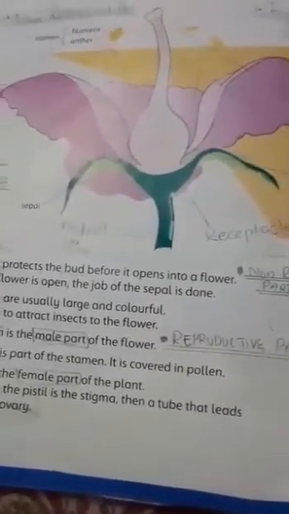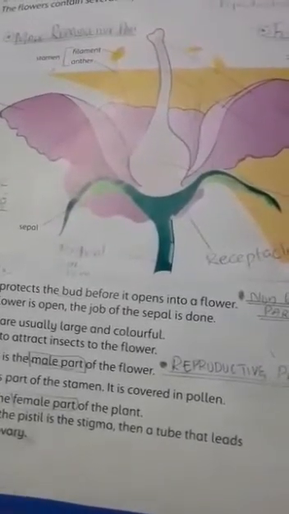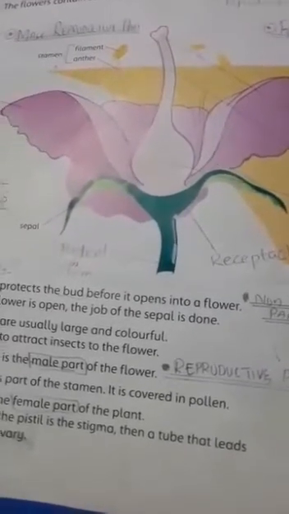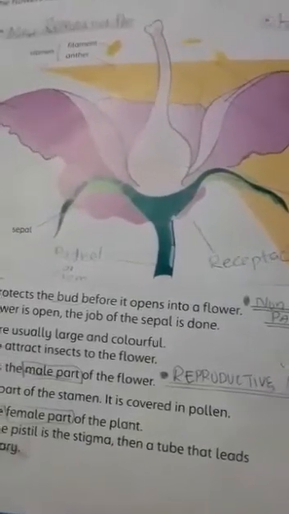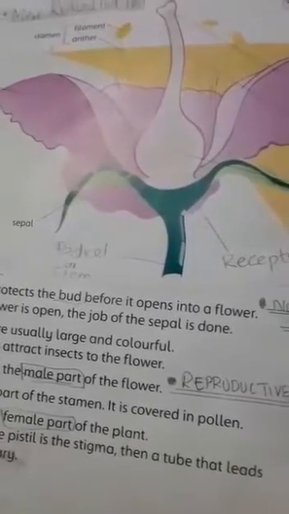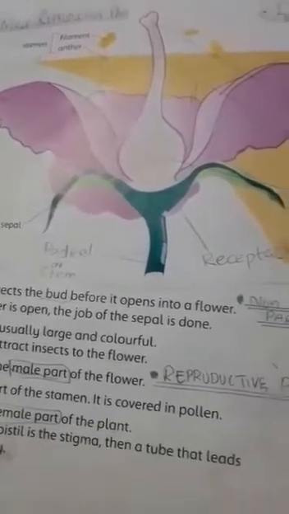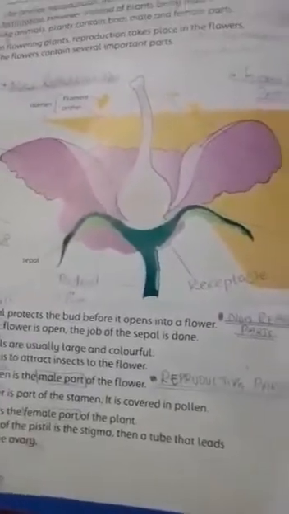For sexual reproduction to take place, male gametes are fused together with female gametes to form a zygote. Male gametes have to reach the female gametes by the process of pollination. Here we discussed the parts of the flower.